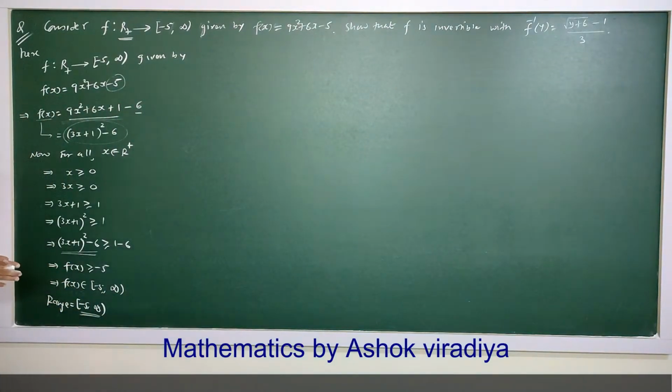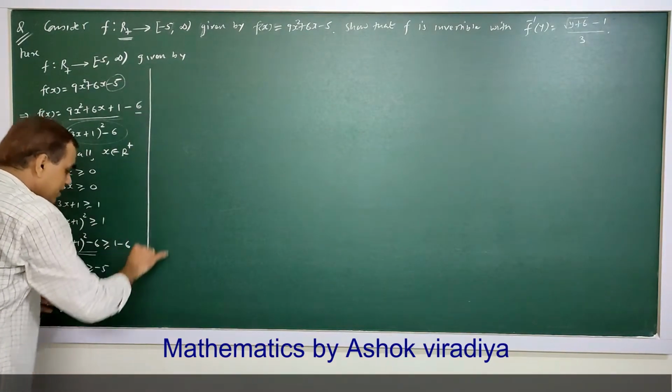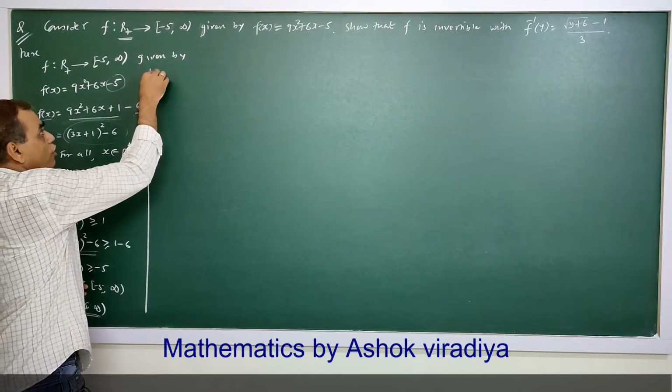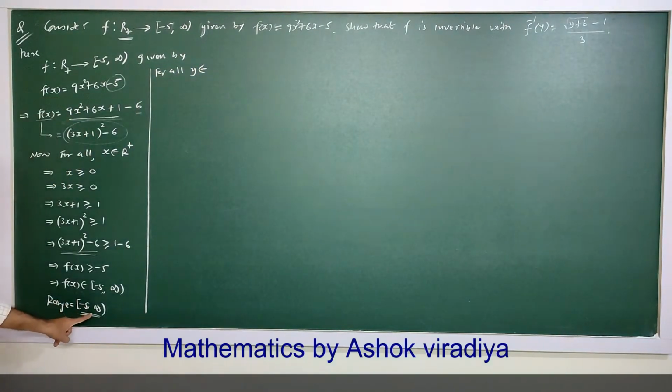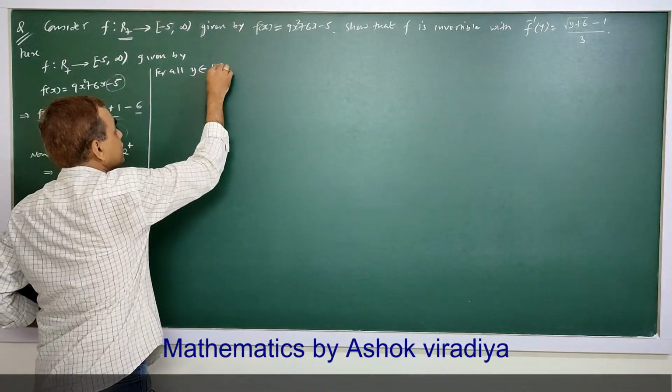So the codomain is determined. Now for the formula of g, the procedure is for all y belonging to the range.